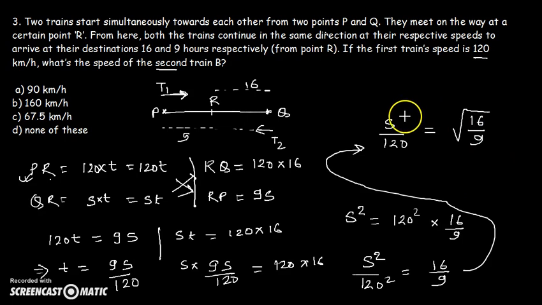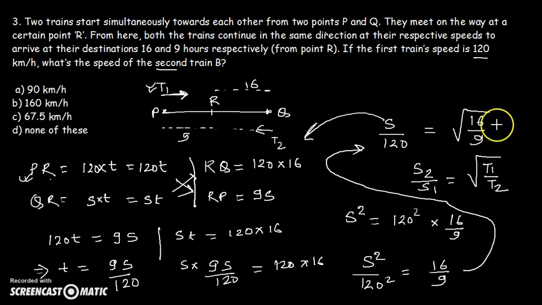If you see carefully, S is the speed of train T2 and 120 is the speed of train T1, the first train. Okay, so essentially in place of S, if you write S2 to make it make sense as in speed of train 2, you can write S2 by S1 is equal to square root of T1 by T2.